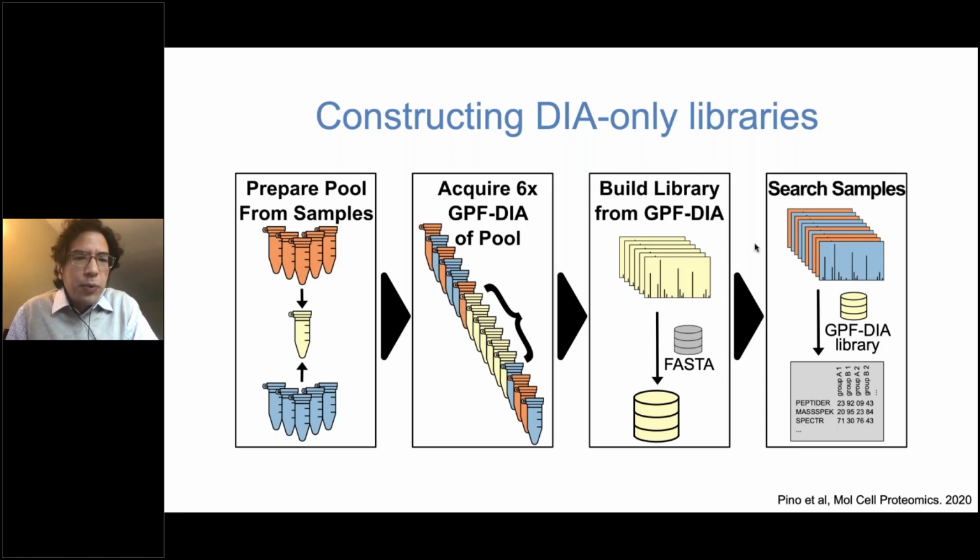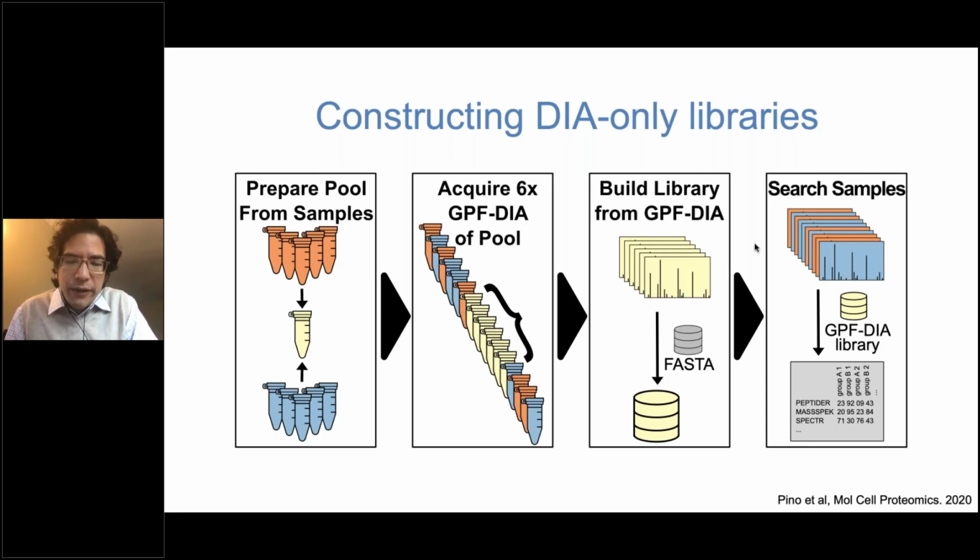Then in this pool, we would acquire multiple gas phase fractionation experiments, in this case 6, just like how Mac was doing for the ocean proteomics, and use these to build a library from, doing one of these FASTA searches or using a synthetic library, and then searching your single injection DIA against this gas phase fractionated DIA library.